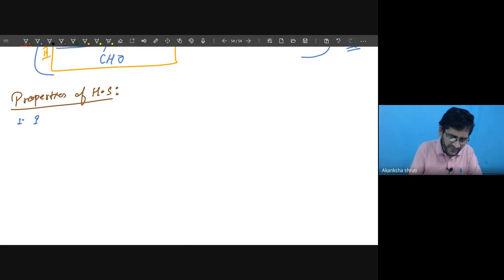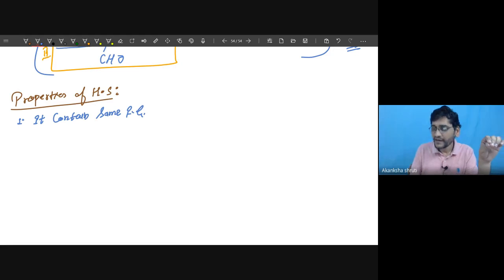A homologous series must be given for a specific functional group, meaning its members contain the same functional group. For each functional group, there could be a homologous series, like the homologous series of aldehyde we had written, the homologous series of alcohol we had written. Okay, that was the first one. So they contain the same functional group.